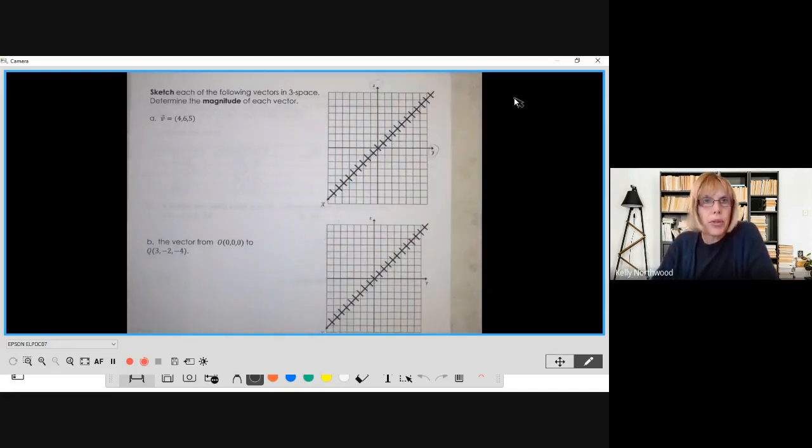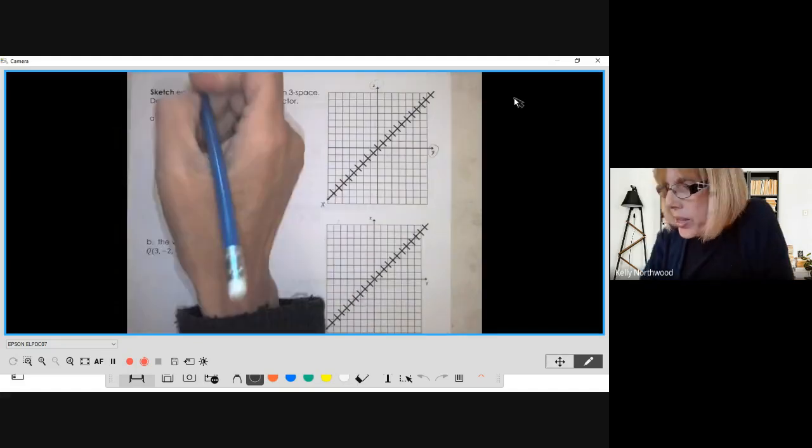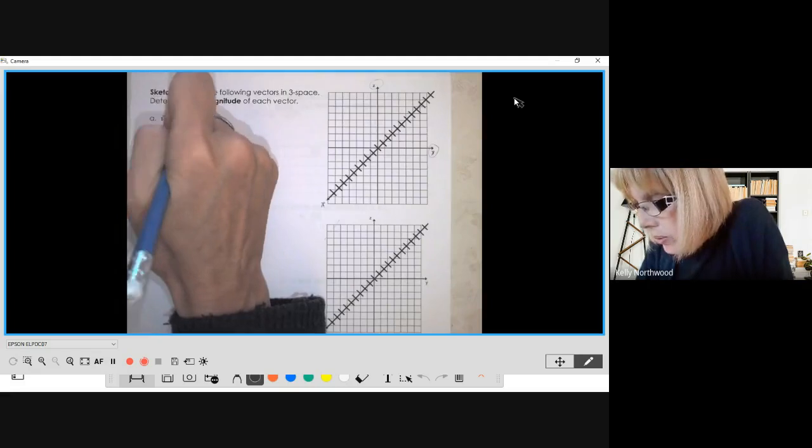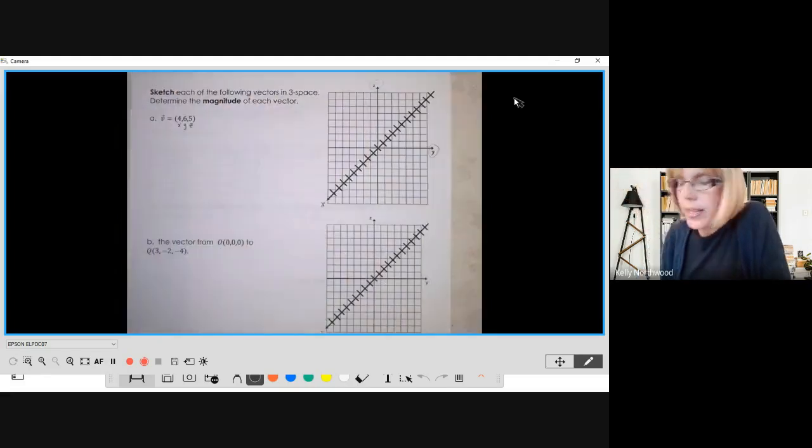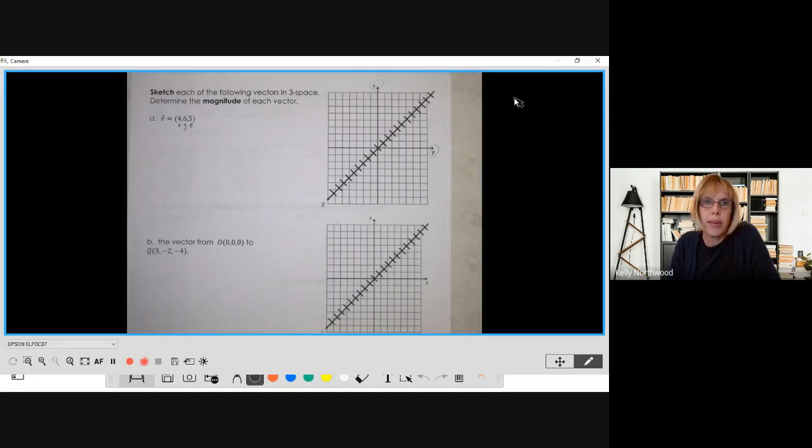So this is my method for drawing. First, we're going to draw the box and then we'll draw the vector. The first thing I do is remember that this is really X, Y, and Z, right? That's my ordered triple, we'll call it. This is an algebraic vector in 3 space.